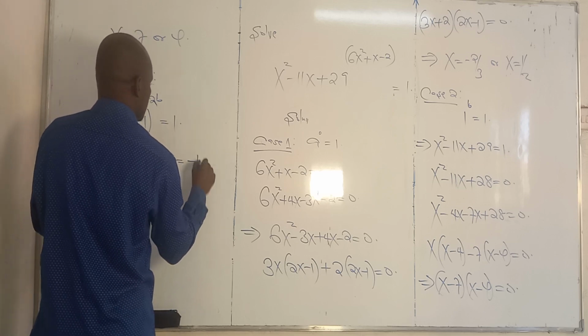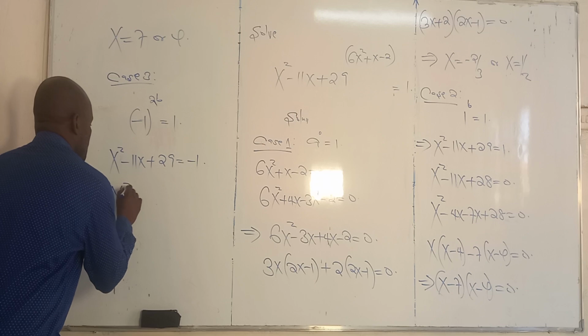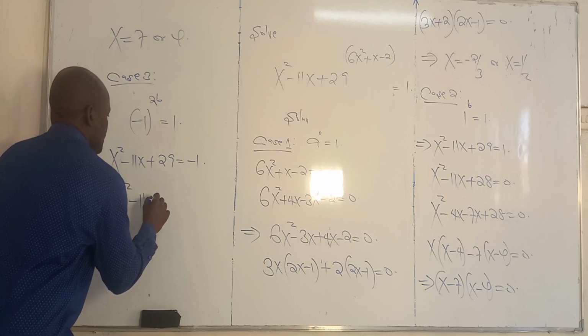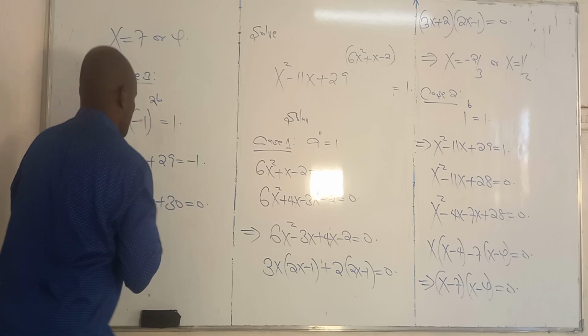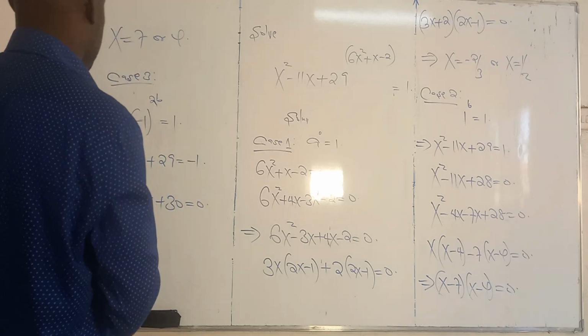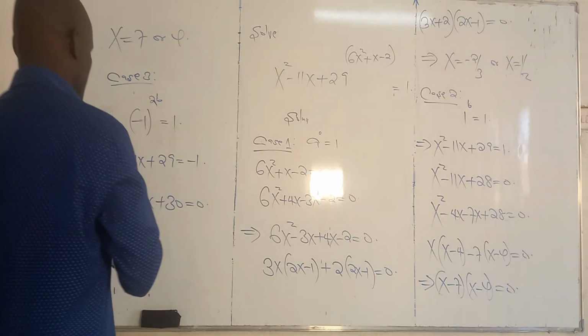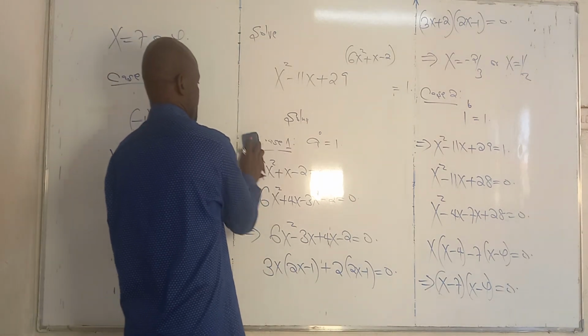That should mean that x squared minus 11x plus 30 is equal to 0.